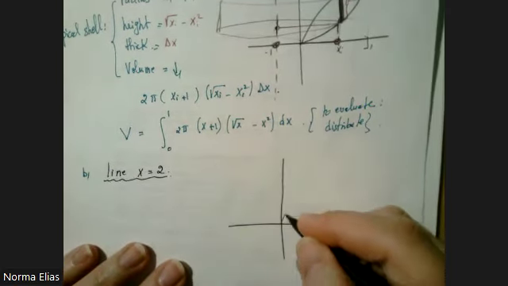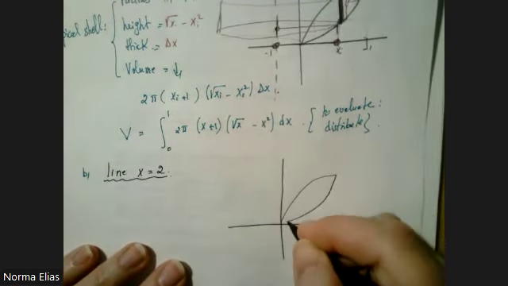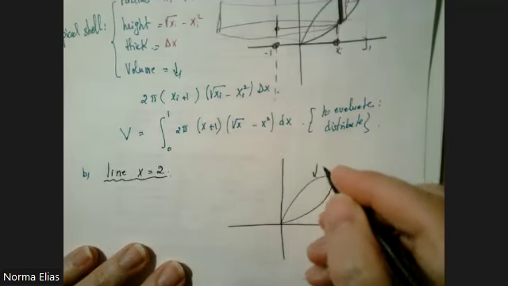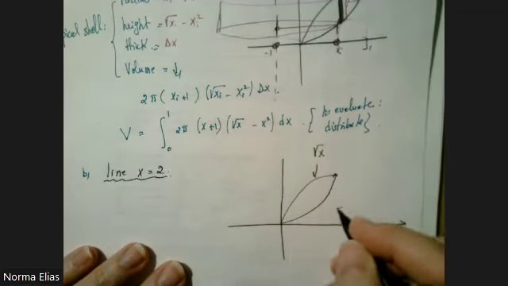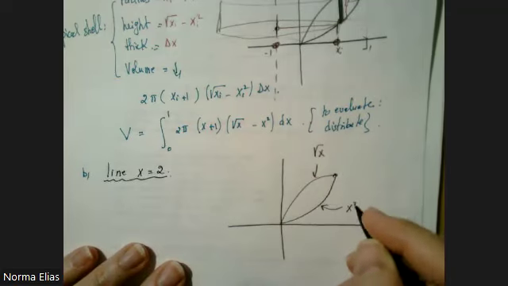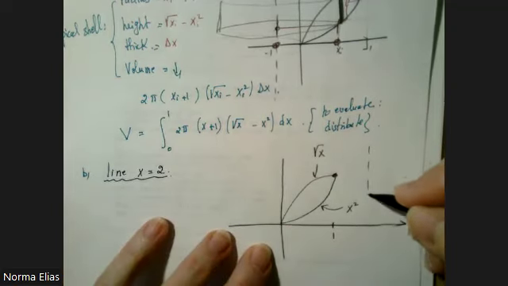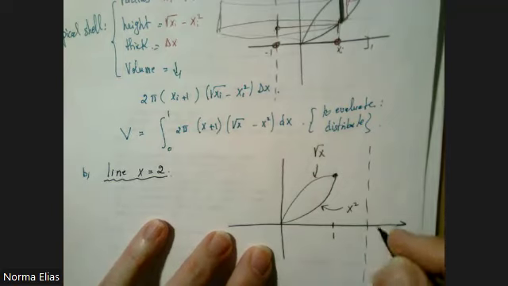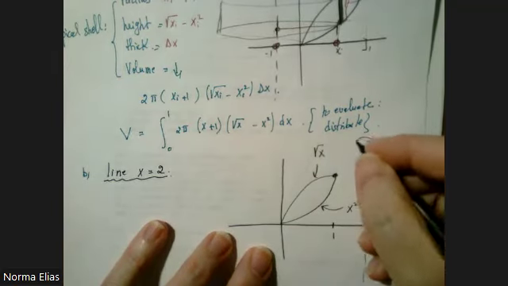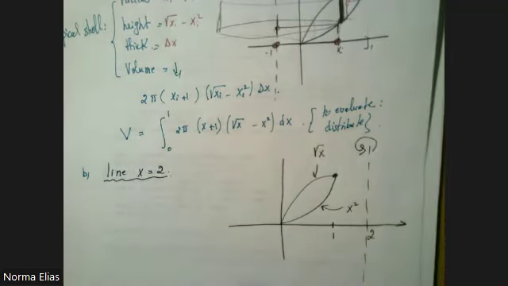So again, this is the root x, and the bottom one is the x squared. And this is 1, 1. And right here it's 1, and I'm rotating about the line x equal to 2. This is my 2 here, and this is my axis of rotation.